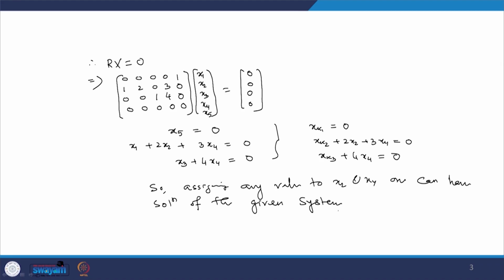But this is for a small matrix; a small system is all right. When you are talking about a very big matrix, a very big system, and you want to take the help of a computer, then we have to give a proper algorithm for that.